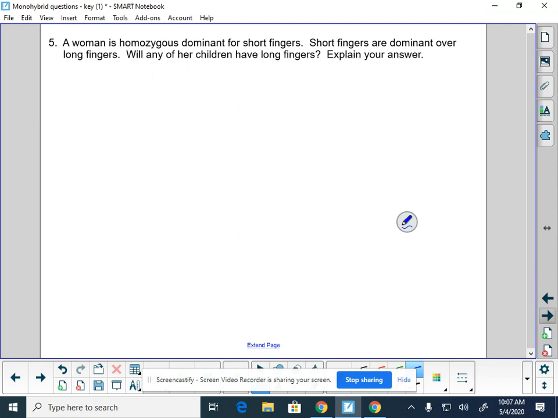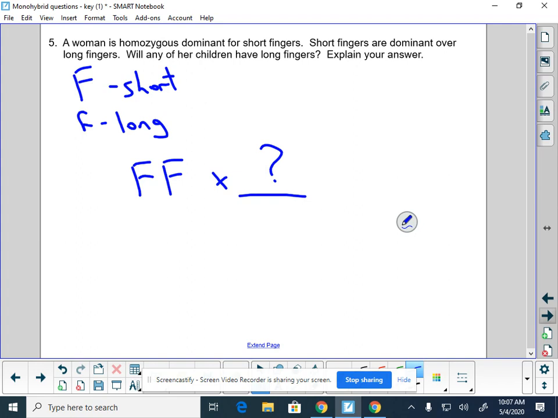So I'm going to pick an F for fingers. A capital F is short fingers because it's dominant. A lowercase f is long fingers because it's recessive. A woman is homozygous dominant. So the mother is big F times whatever. We don't know. It doesn't matter what the dad's going to be.